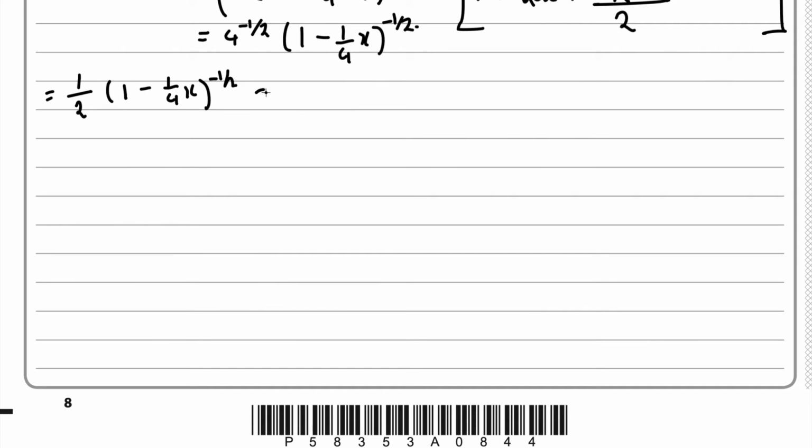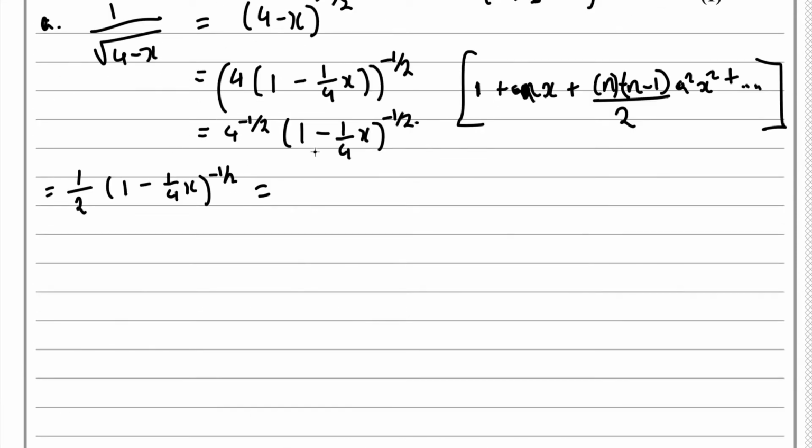So now I want to input what we have here into this formula for negative or fractional indices. We still have a half, but this time it's multiplied by 1, plus minus a half, that's our n, multiplied by ax, which is minus a quarter x.